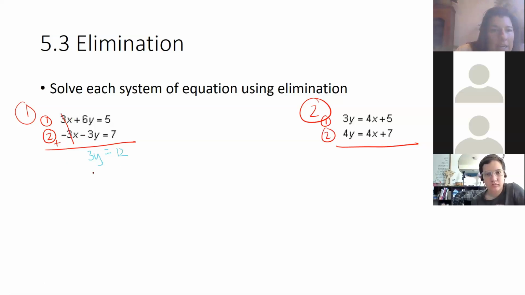Okay, so our x terms go away. We're left with a 3y, good, minus 12. Hey, it's very similar to what we got last problem, huh? Divide both sides by 3. All right, y equals 4.